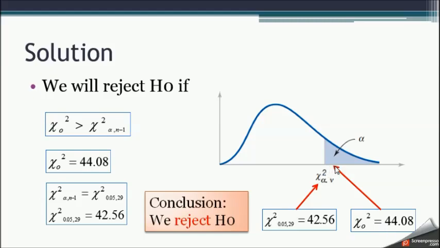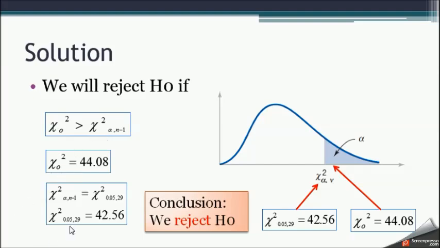We notice that the 44, or chi-naught square, falls in the rejection area. So our conclusion will be to reject the null hypothesis because chi-naught square has fallen in the rejection area. So we reject the null if chi-naught square is larger than the critical value. We have computed the chi-naught square.